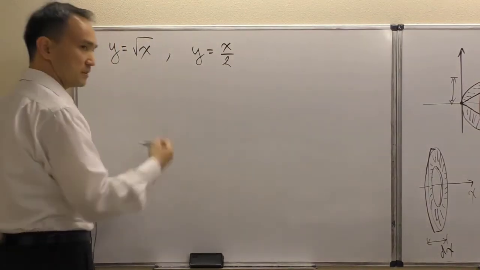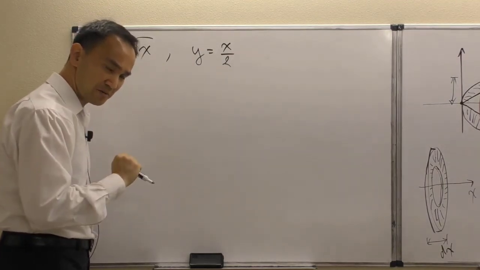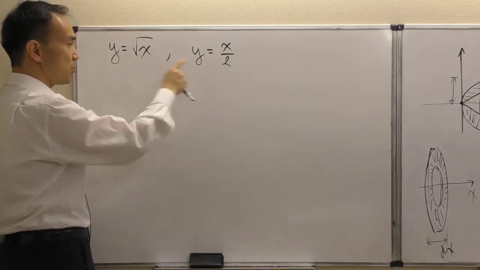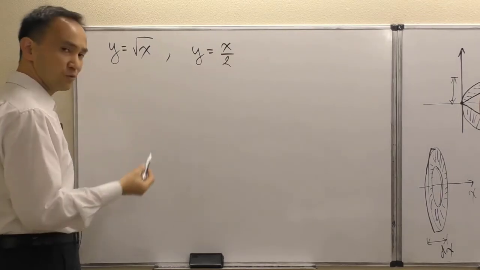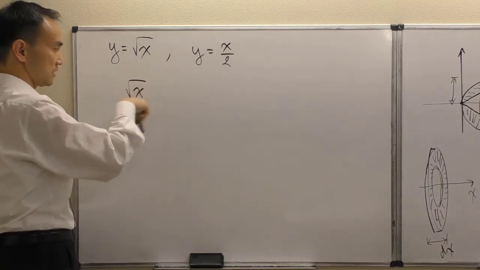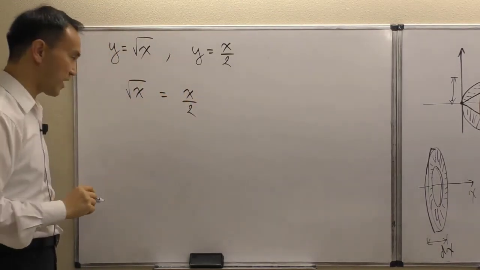To find the values of x where these two curves cross, as I explained earlier with the graph on the other board, I'm going to simply set the two expressions in terms of x equal to each other, and then solve for x.